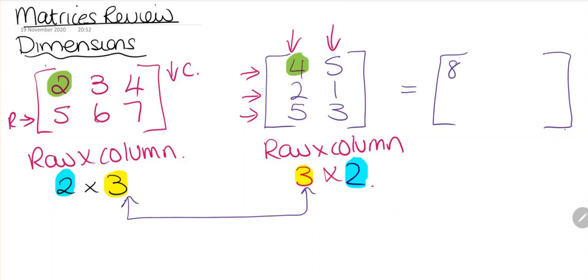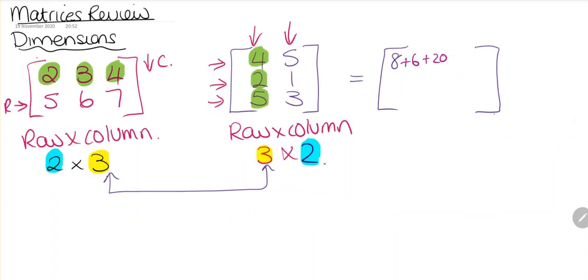We also have 3 multiplied by 2, which is 6. So I need to add 6. And then I have 4 multiplied by 5, which is 20. So I need to add 20. You can see I'm running out of space already. So 8 plus 6 and 20, that's going to be 34. So that is going to be my first number.